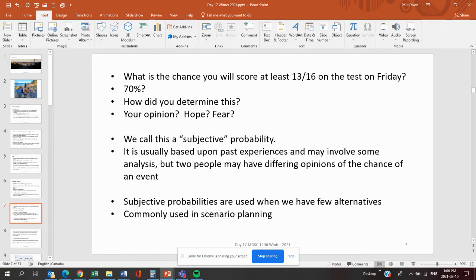Why would we ever use it? Well, we use it when we don't have any alternatives. We don't have a theory, we don't have a lot of experience or data to work from. It's frequently used in scenario planning. So right now, everyone's planning for their major rollout of vaccination, of how to administer vaccines across a large population. And they've laid out a strategy for doing it.